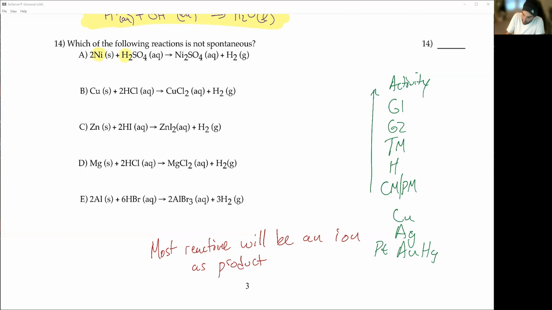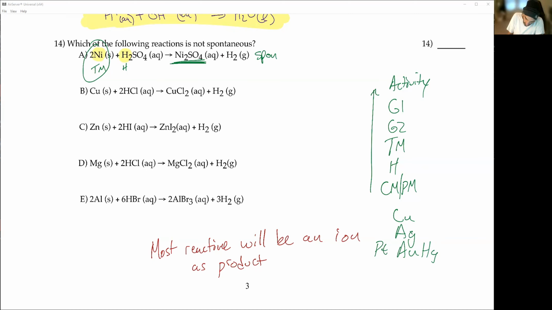Nickel is a transition metal and hydrogen is just hydrogen. So nickel should be more reactive, and if it's more reactive, it should be an ion. Nickel is in fact an ion, therefore this reaction will proceed as written. So this one will work, but it's spontaneous, so it's not the answer.